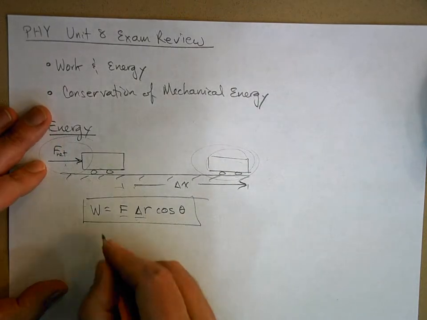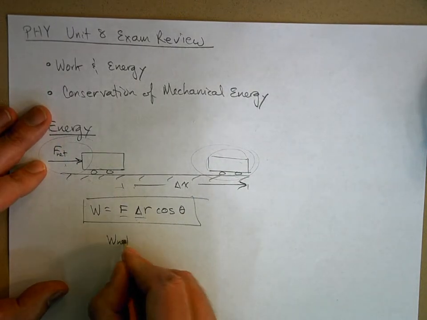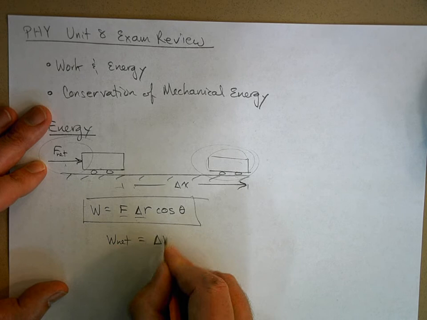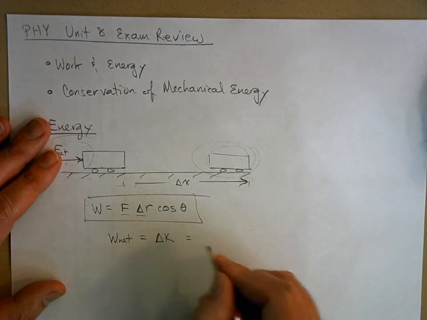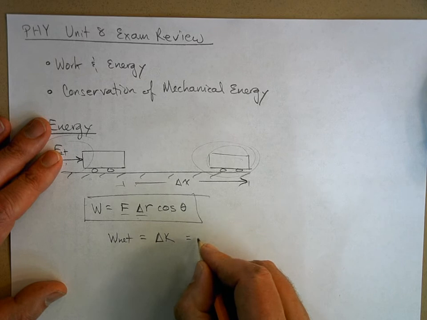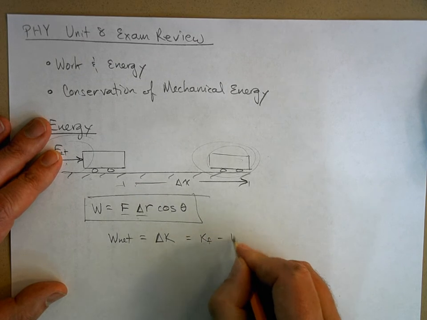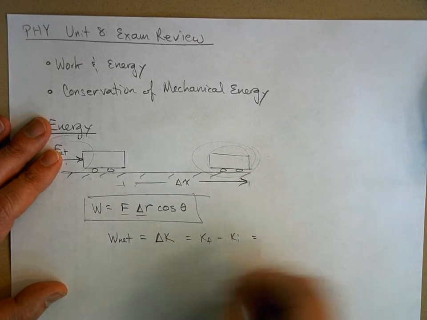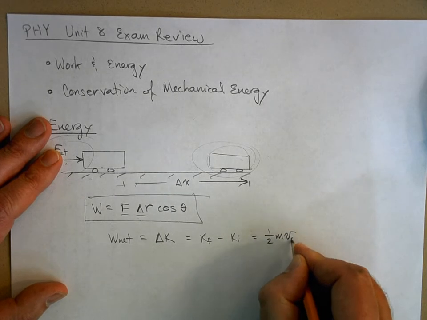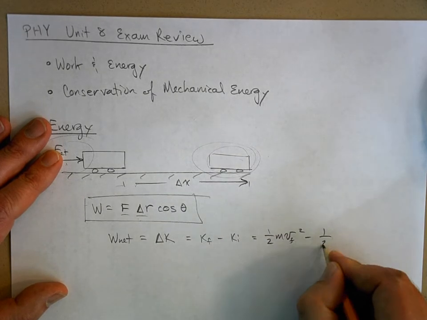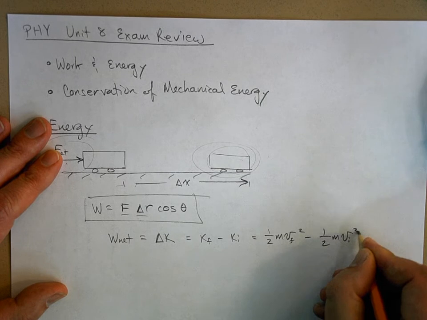So the work done by that net force will result in the change in kinetic energy of that object. Now remember what we defined kinetic energy to be. Well, this is K final minus K initial, which is 1/2 m v final squared minus 1/2 m v initial squared.